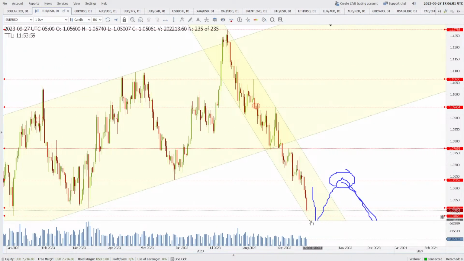In case of euro dollar, we have already seen a price below 1.0515 level, which was considered a good support in the past. Today the price is trading very comfortably below that level. Right now the price is trading at 1.0505, although it has made an intraday low of 1.0500, which is also the psychological handle.